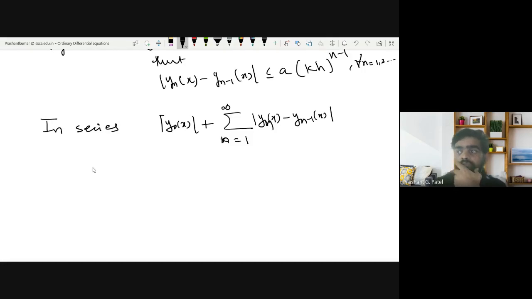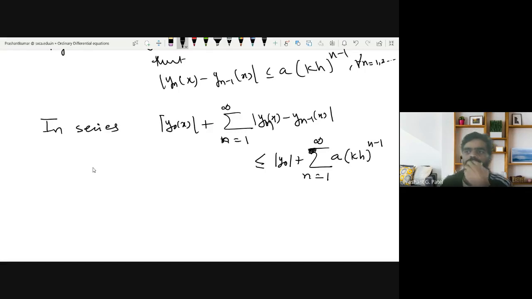So I can say this is less than or equal to mod of y0 plus summation n running from 1 to infinity a into kh raised to n minus 1. So this series is less than or equal to this much. But now, why is this series convergent? Because this k into h is less than 1.